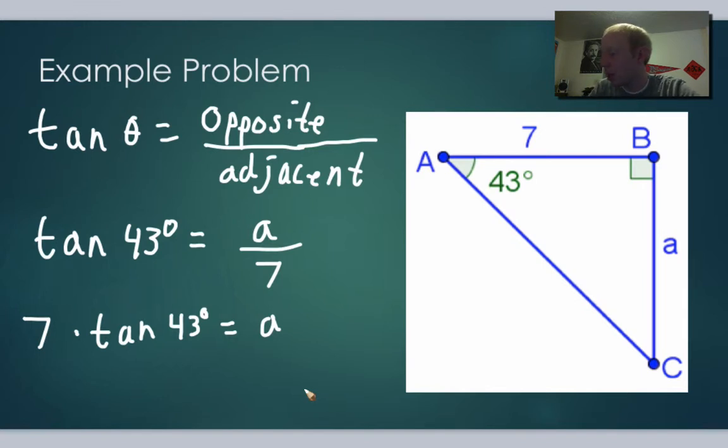If your calculator's in the right mode, you should get that side A is equal to 6.527, or sorry, 6.528 when you round. So that's the side length, 6.528. That's what A is equal to over here. Very simple. Again, the calculator is probably the biggest thing on this homework.